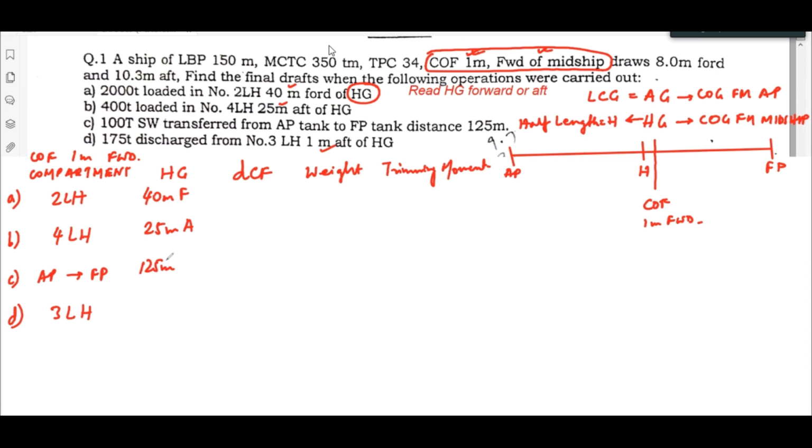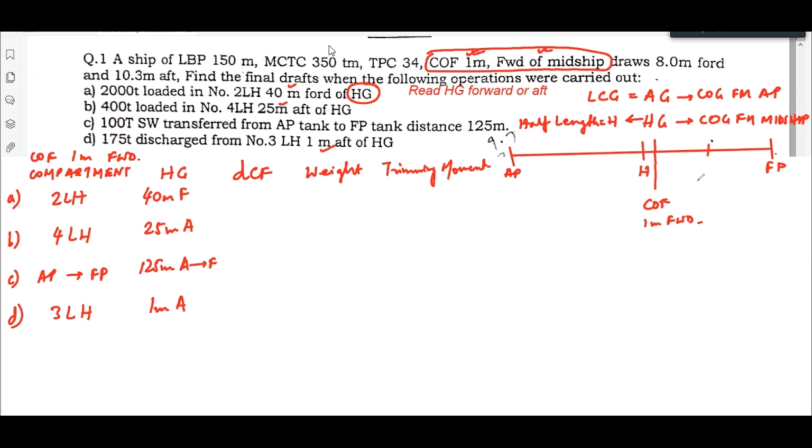Which direction will this be? In number C, what will be the direction? Forward. Forward, sir. Yeah. So we'll put here aft to forward. So therefore forward. And number 3, 1 meter aft. So we can put all of them here one by one.